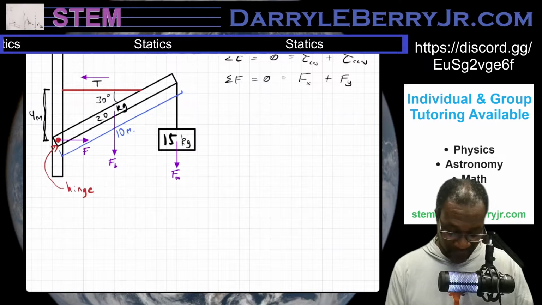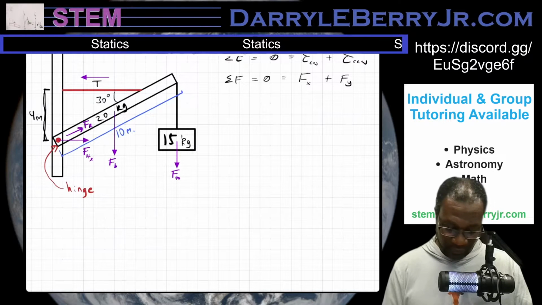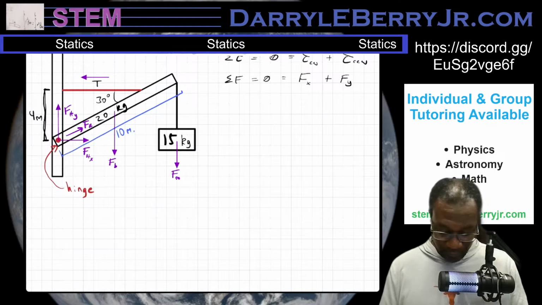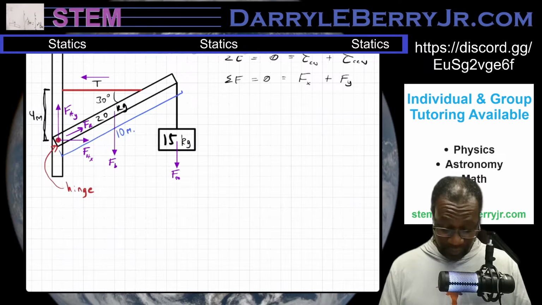So we have FHX, and we'll call the force down the center of the beam FH. So then we have FHY. So those are the forces.